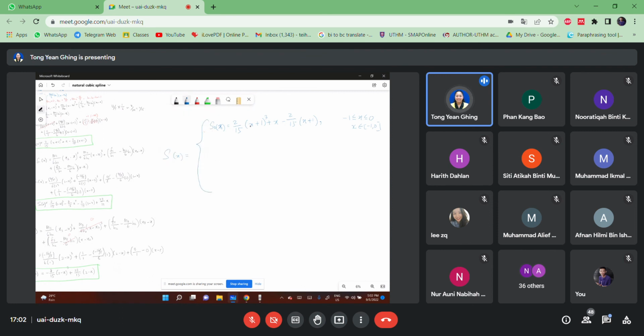So and then the second one is S1x is this formula, this polynomial. 2 over 15, 1 minus x power of 3 minus 8 over 15 x power of 3 minus 2 over 15, 1 minus x plus 23 over 15 x.